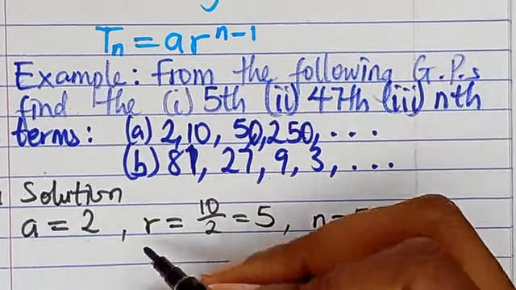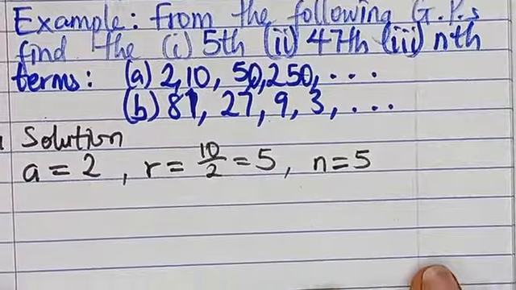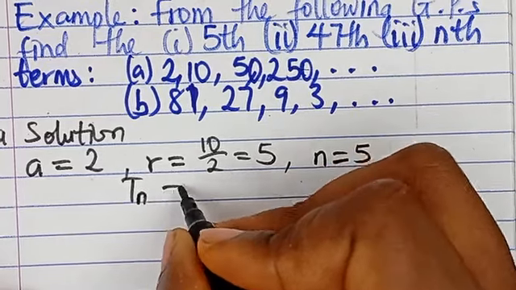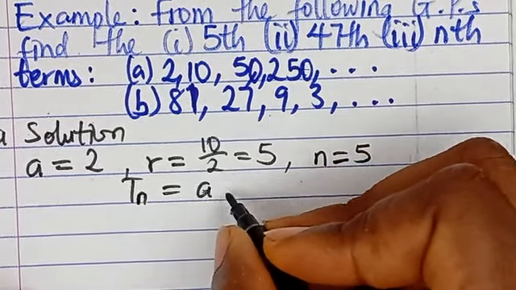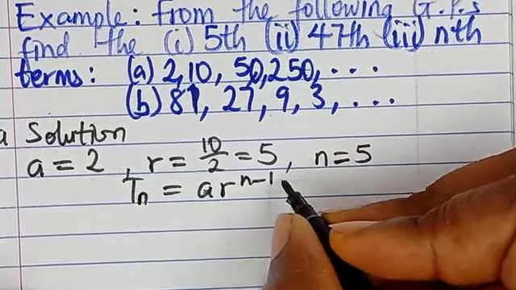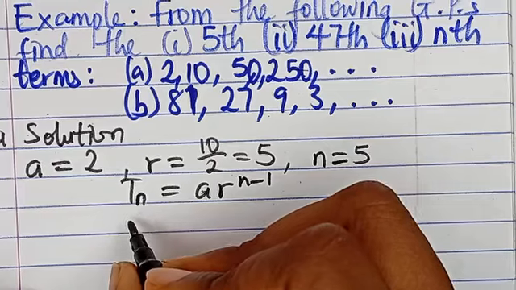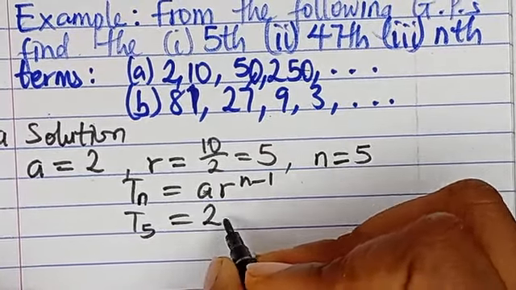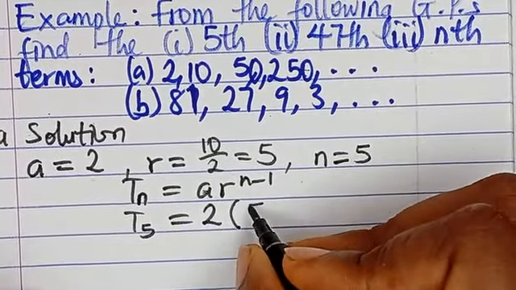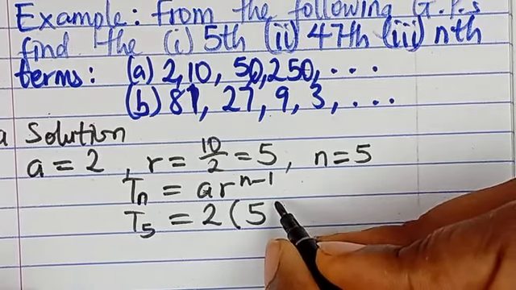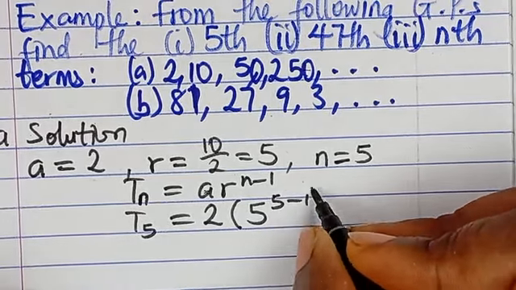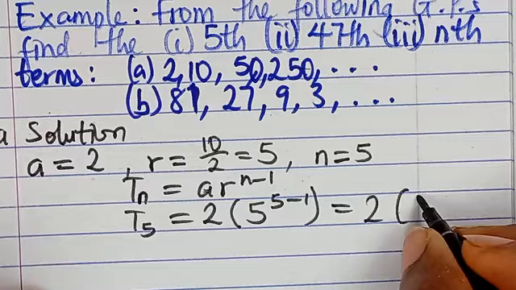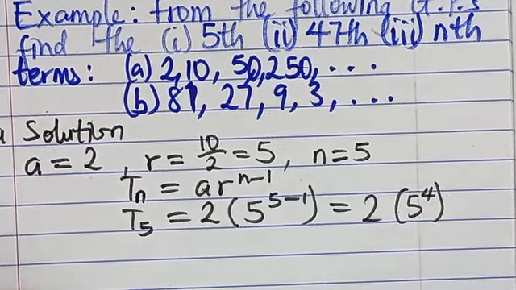Okay, so we now write out the formula so we can substitute directly. The general formula: the nth term is equal to a multiplied by r raised to the power n minus 1. So the term we are looking for is term number 5, which is equal to the first term, 2, multiplied by r, which is 5, raised to the power 5 minus 1. So we have 2 times 5 raised to the power 4.